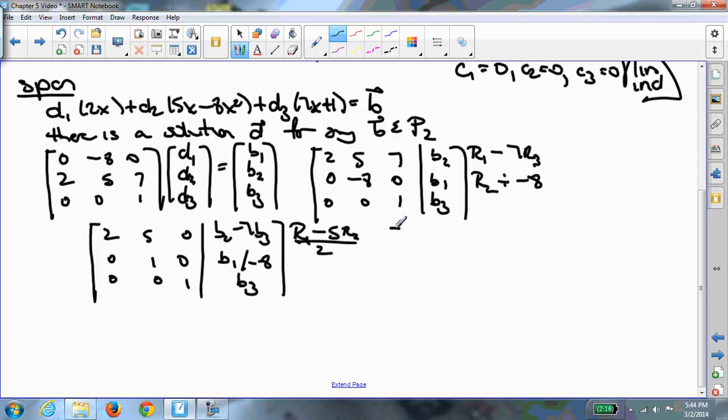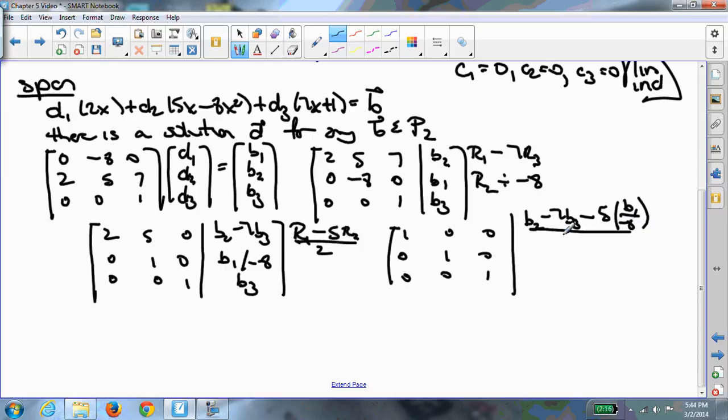So now I have the identity 1, 0, 0, 0, 1, 0, 0, 0, 1. And my right hand side becomes B2 minus 7B3 minus 5 of B1 over negative 8 all over 2, B1 divided by negative 8, and B3.